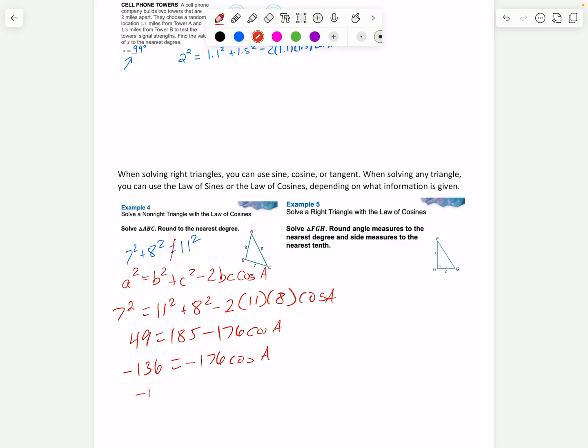We divide both sides by negative 176. And then we take cosine negative 1. And that gets us the measure of angle A to be about 39 degrees.